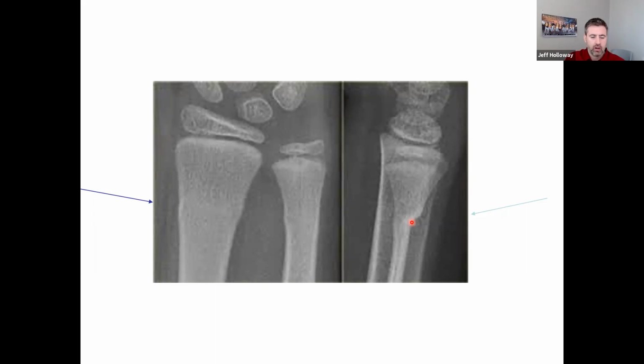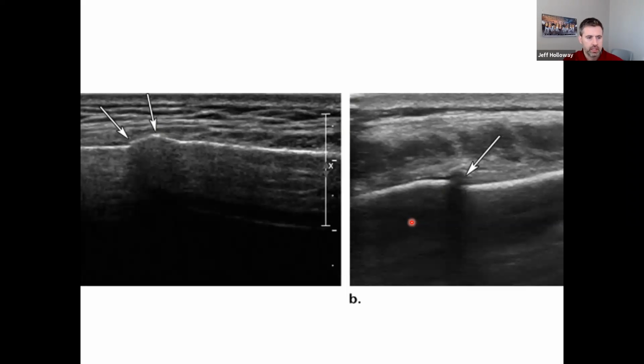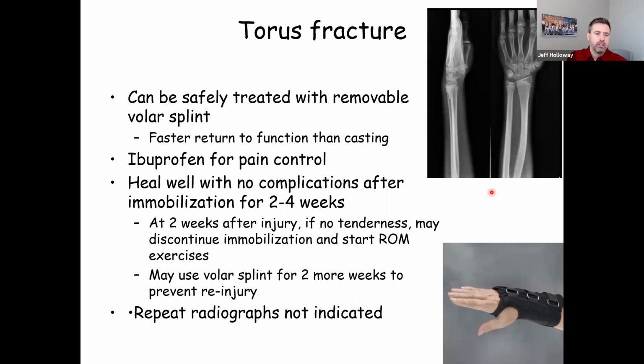Again, x-rays can be hard to see this, and an ultrasound shows it pretty easily because it's just going to see the little bump. These are fractures that are a fracture, but are not problematic at all from a healing standpoint, a stability standpoint, or anything. So these often don't need anything but a wrist splint, right?